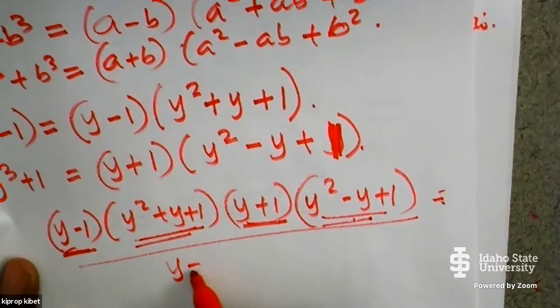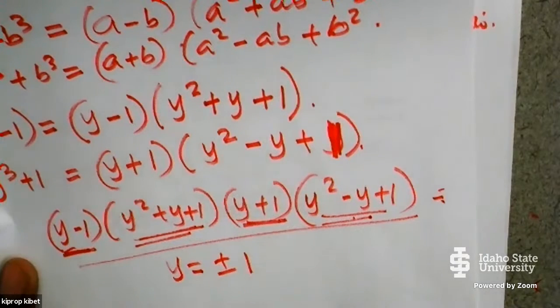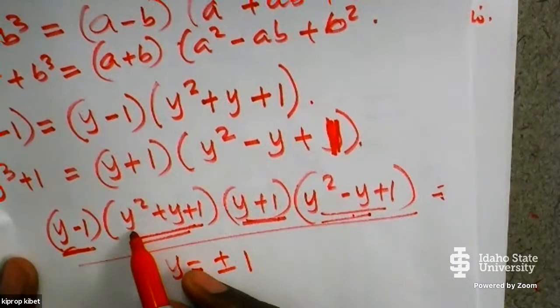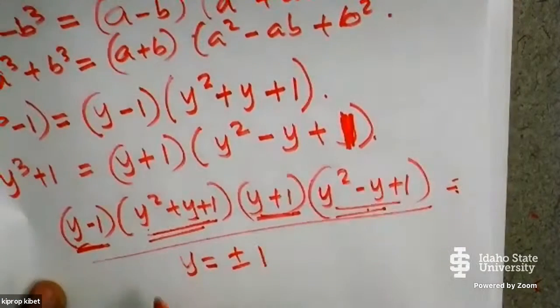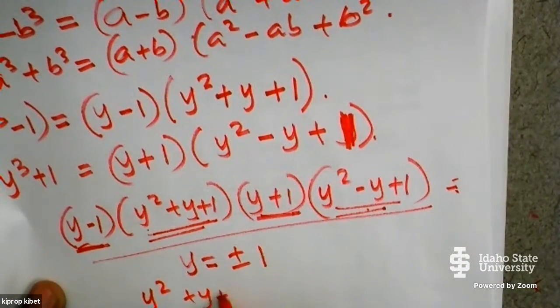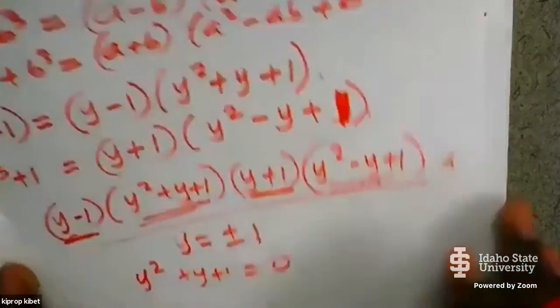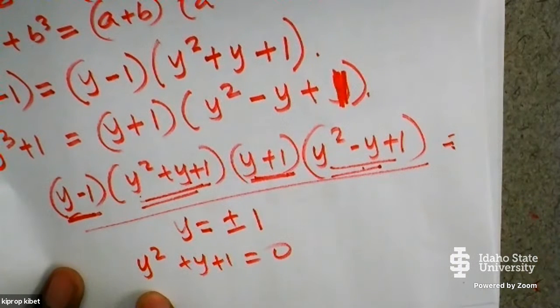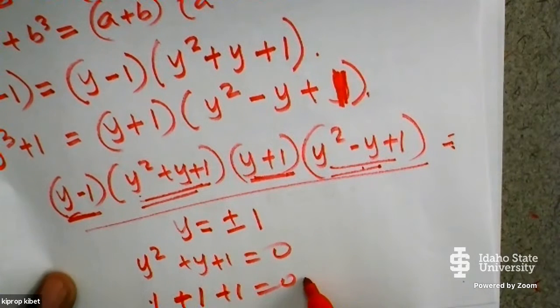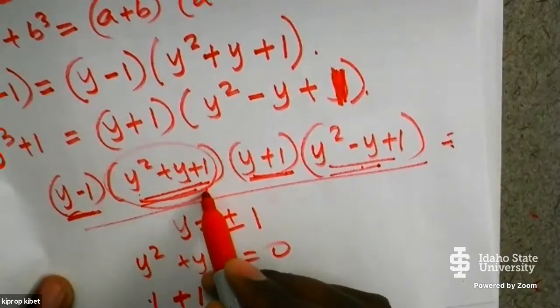But if you just slot in 1 here, it will not work, because y squared plus y plus 1 is not equal to 0. When you put minus 1 here, it will be 1 minus 1 plus 1, which is not equal to 0.